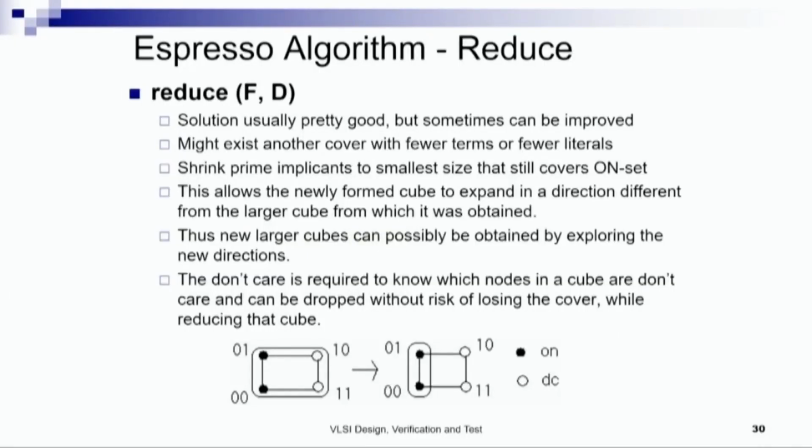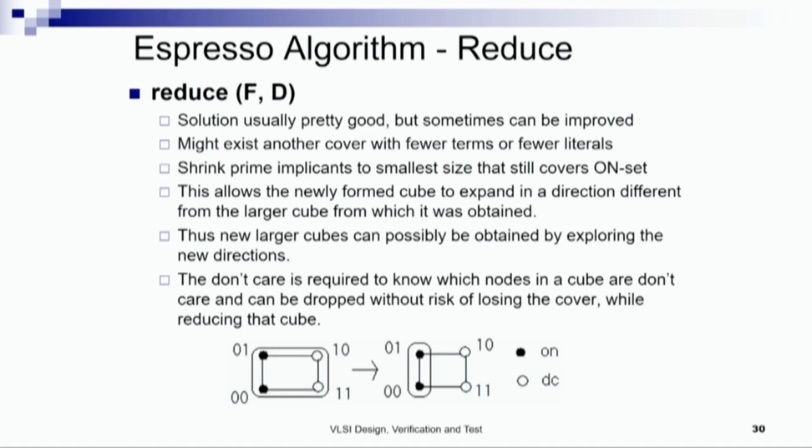After we have done the expansion and the irredundant steps, the solution is usually pretty good. But as we said, if we had expanded in a different direction, the order of the implicants chosen also determines the quality of the cover that we get.